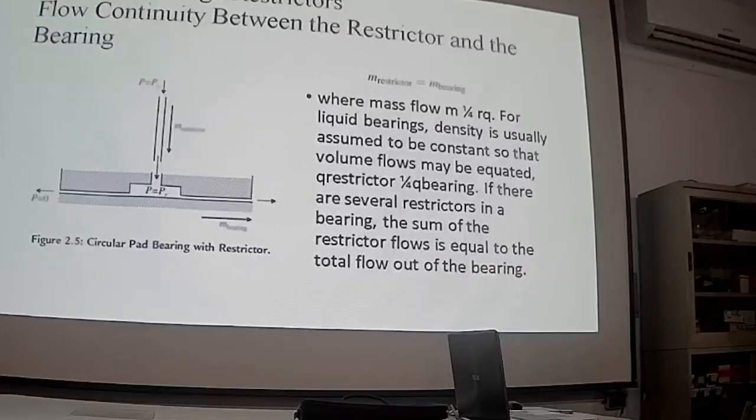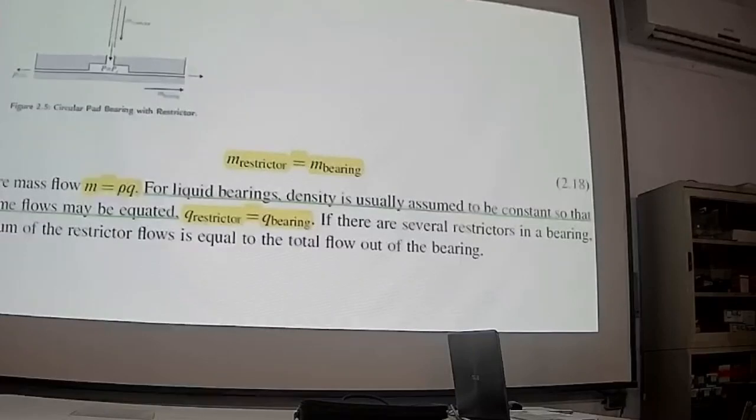So now we have a connection between the flow in the bearing and the flow in the restrictor. Here we have this equation. This is the mass flow rate. Mass flow rate equals the volume flow rate multiplied by the density.